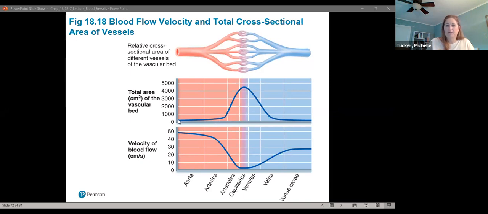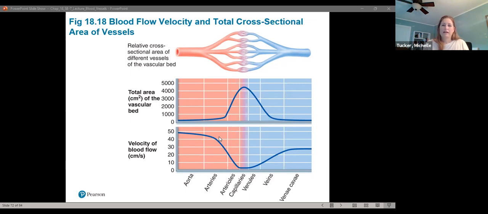So the total area is very low, and so the blood has to flow very fast through it. Because remember, the amount of blood is staying the same. So if you don't have much area, you have to get that through very quickly. But it has a very large lumen, so there's not a lot of resistance, and there's a huge pressure gradient.